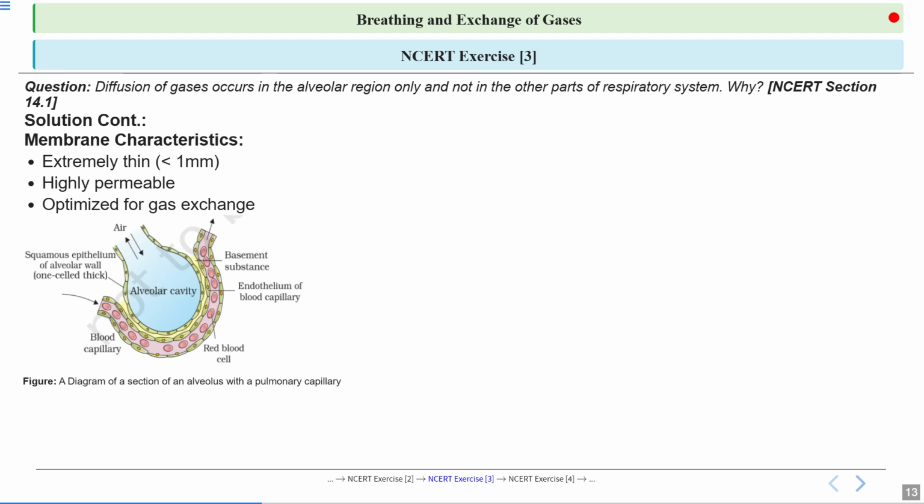So again, this is the figure that shows the alveolar region and the diffusion of gases taking place. Now this alveoli, which is a balloon like structure, is increasing the surface area, right? And they have air filled in them, and they always have some moisture, because water vapor is part of the air.